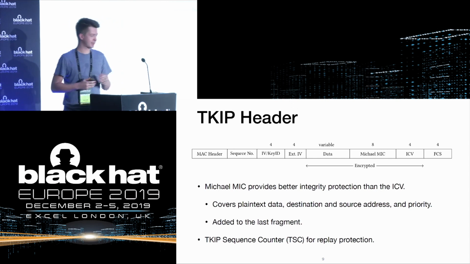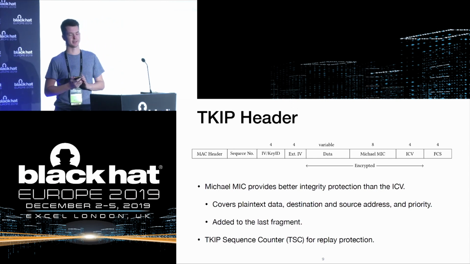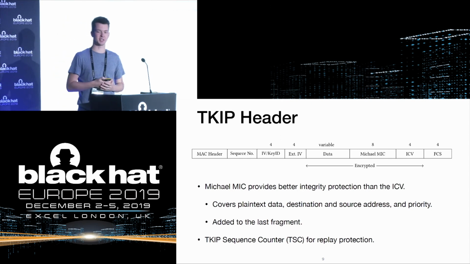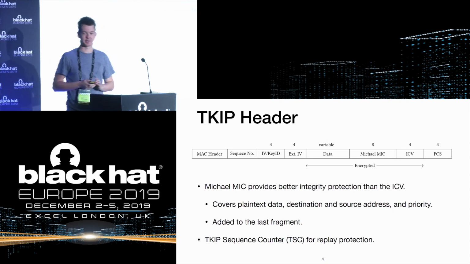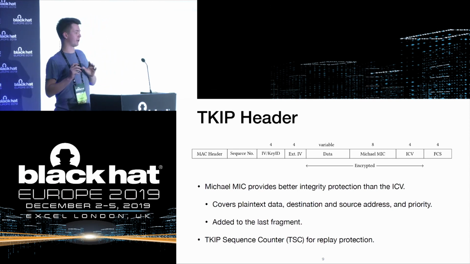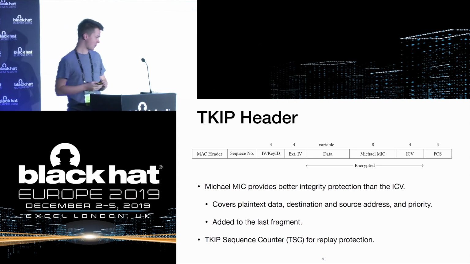And this MIC is added to the last fragment, and this will be important in our side channel attacks because it means if you have to fragment a larger frame, the MIC will only be attached to the last of these fragments, which means the receiver has to receive all frames, reassemble them, and only then is the receiver able to verify if the MIC is correct. This is something we will be using in our side channel attacks to avoid the recipient from validating the MIC.